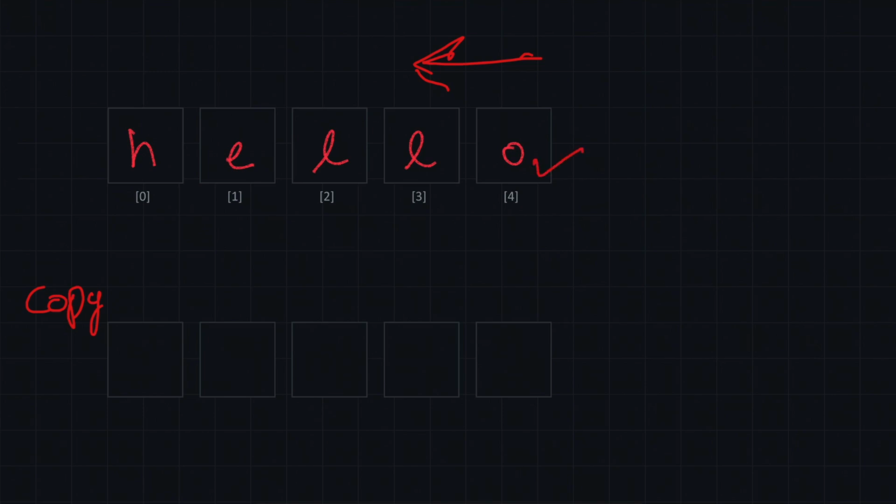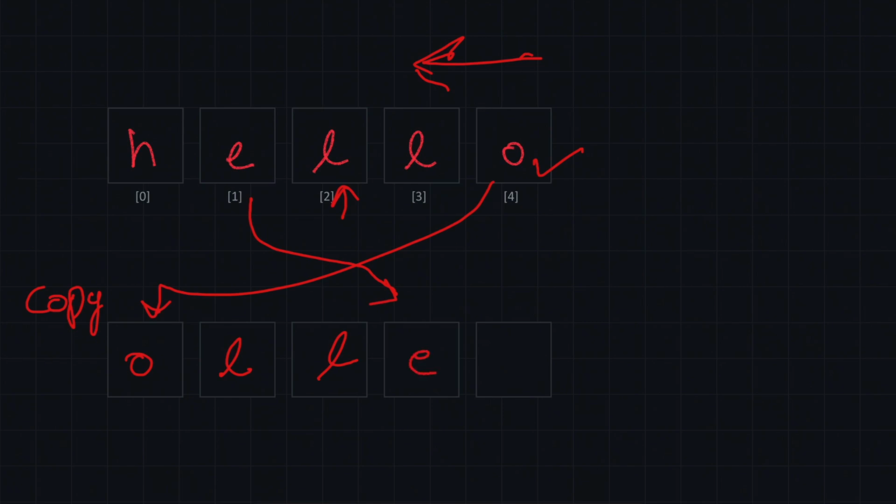Basically, the last character comes to the first index of our copy array, which is O. Similarly, our pointer moves left to L. We copy L to the second index, then the second L to the third index, then E to the fourth index, and then H to the last.